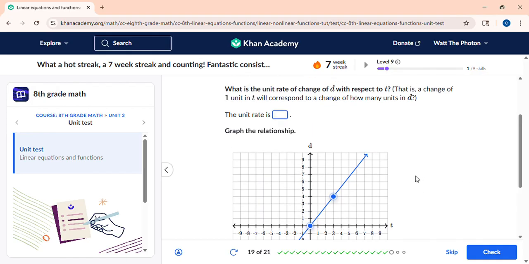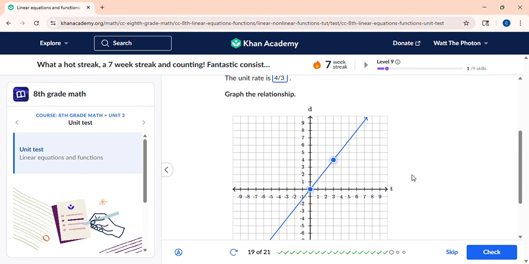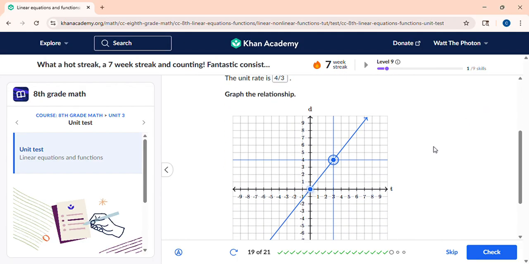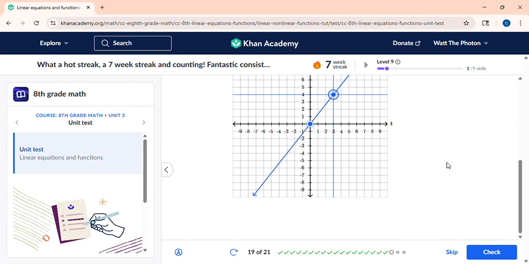So 1 unit of T will be 4/3 units of D. That seems correct. Four-thirds. I think I'm right.